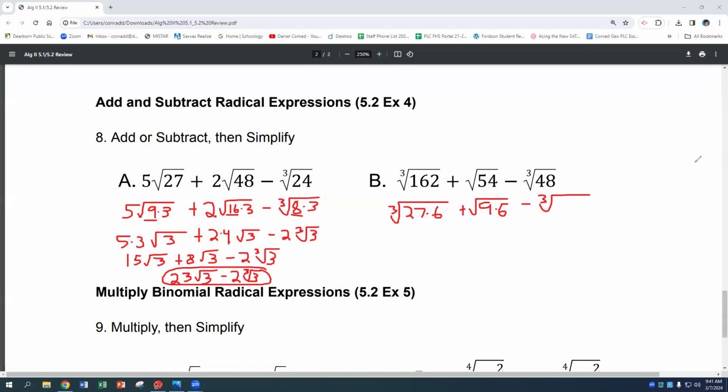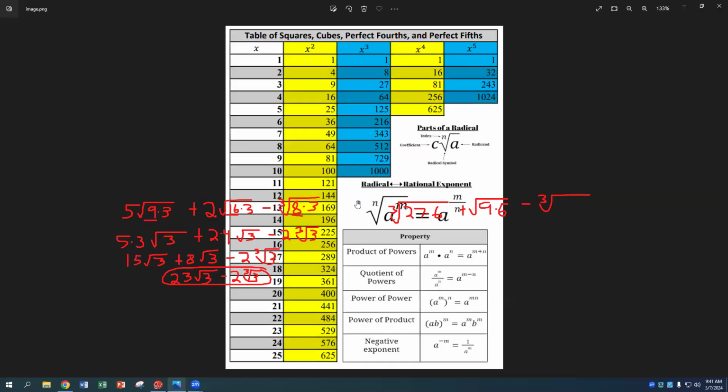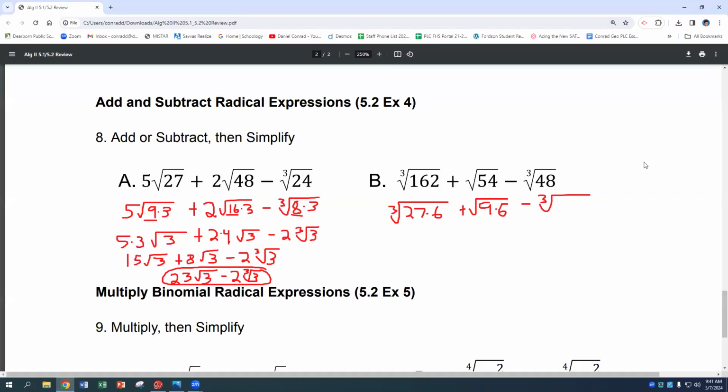So if you go to your list, 8 times 6, right? There we go. So cubed root of 27 is 3. What's left inside is going to be the cubed root of 6, right?